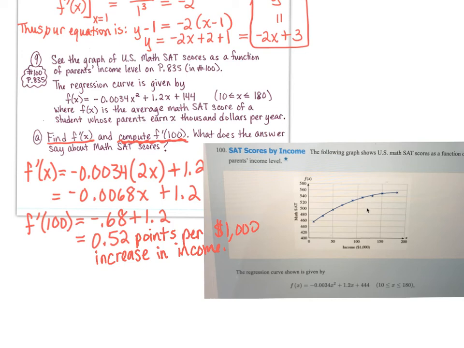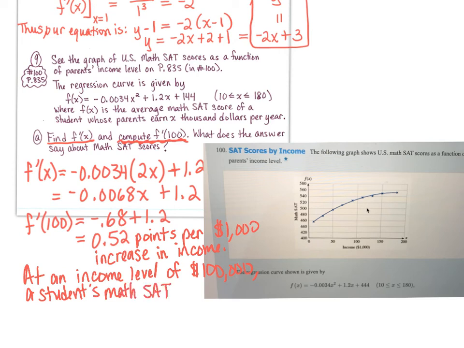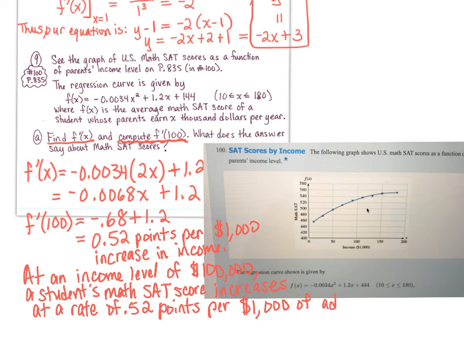So what this means is, at an income level of $100,000, a student's math SAT score increases at a rate of 0.52 points per $1,000 of additional income.